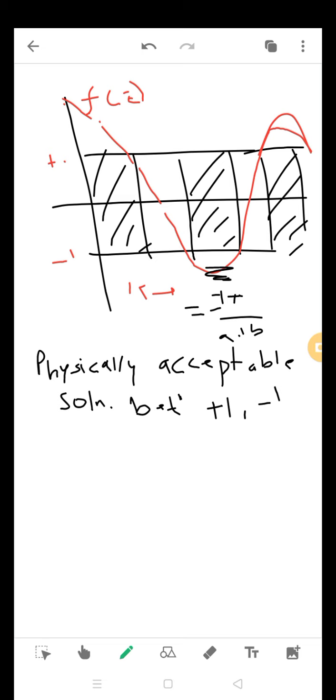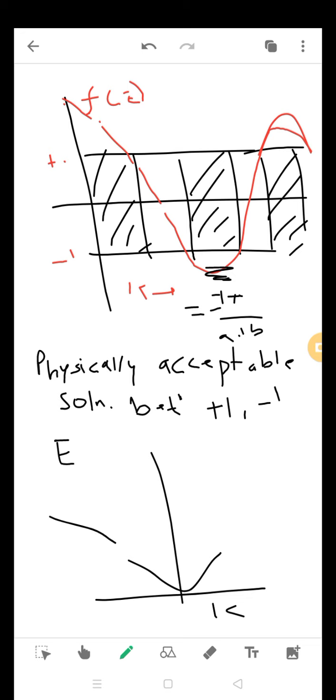and so using this, if we plot a relationship between the energy and the k, it takes the shape like this, a discontinuous plot, and these discontinuities are marked by certain values of k.